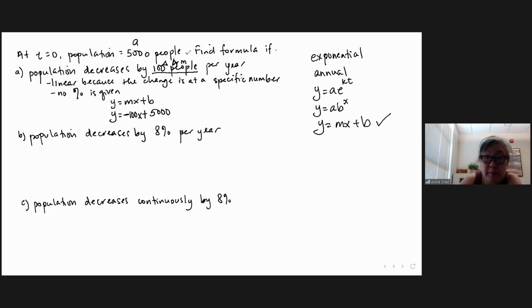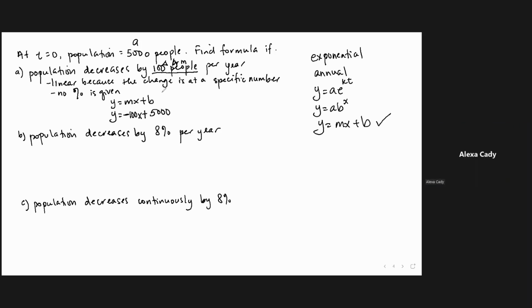If this question comes out exactly like this, it's going to be worth 5 points. Wait, I'm confused, because when we did these problems in the past sections, we would always use y equals a e to the k t. Why are we using mx plus b now?